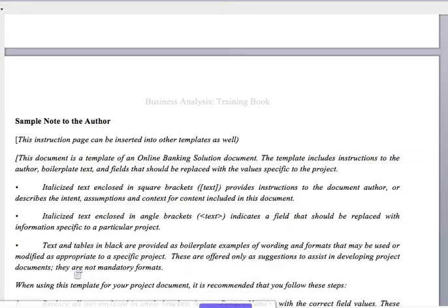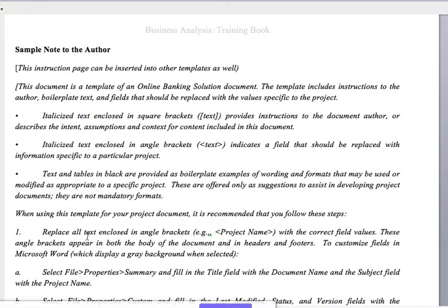Then you have the notes that we usually provide for writing the document. The instruction page can be inserted into other templates as well, and after completion of the template you can remove it. Usually you get these templates from your governance department, audit department, or the PMO office, who expect you to follow these standard templates so that there is standardization across the organization.